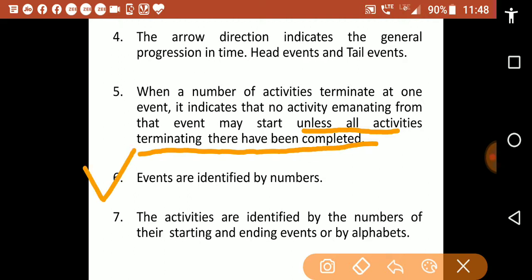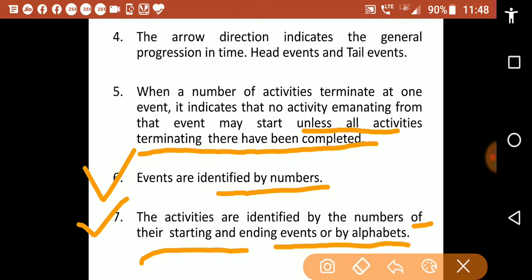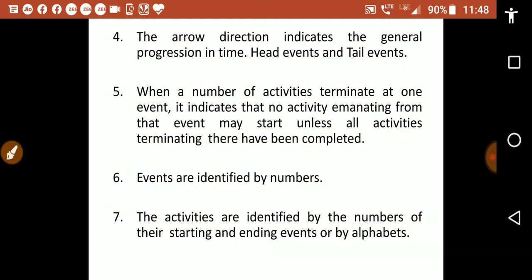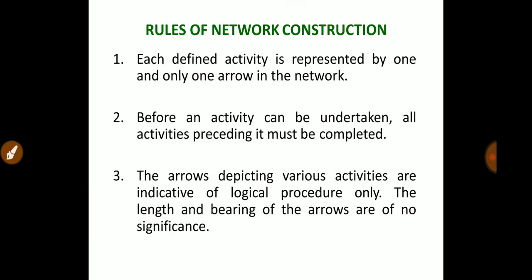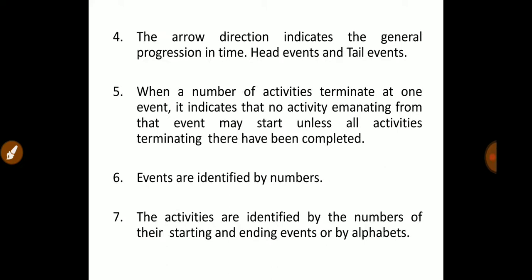Sixth, events are identified by numbers. Seventh, the activities are identified by the numbers of their starting and ending events or by alphabets. So these are the rules of network construction.